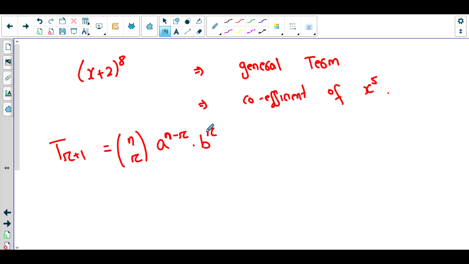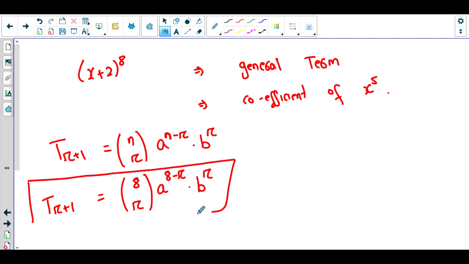Right? Now if you want to write the general term for this, just substitute the values. What do we have here? 8 C r a power 8 minus r into b power r. When it says general, you have to write it in a way that it can be for any value. This is the general term.